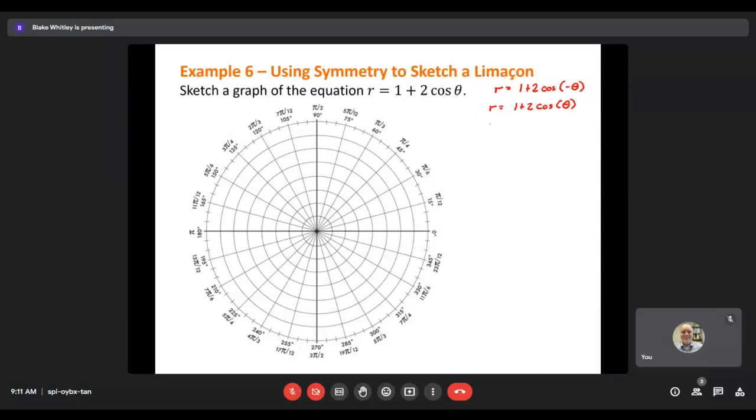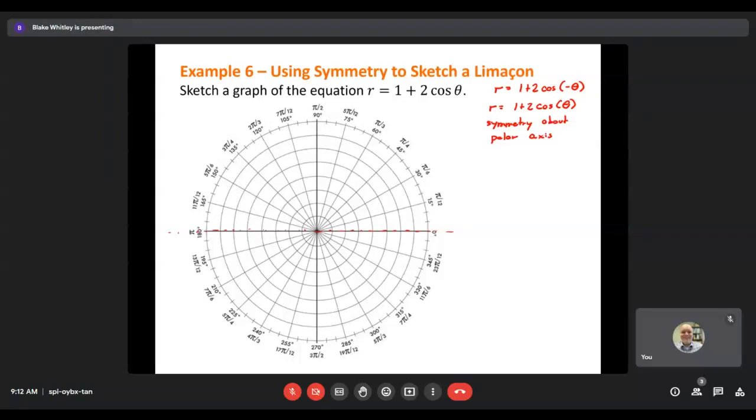So that tells me that I'm going to have symmetry about the polar axis. And remember, the polar axis is that horizontal axis along here, right? So that means I just need to test values between 0 and pi now. And if I do that, then I know the other part of my graph is just going to be a reflection over that polar axis.